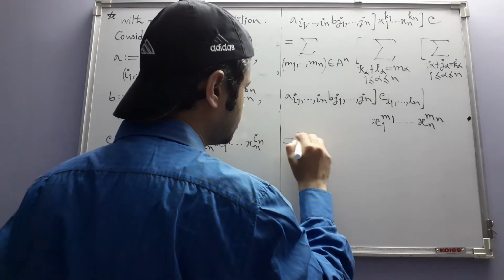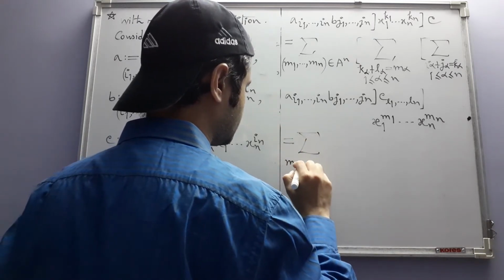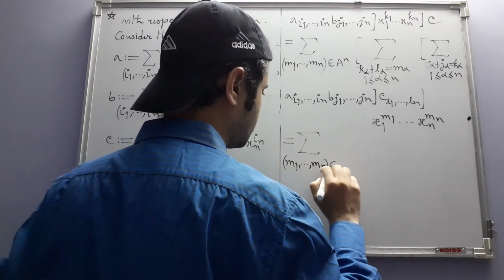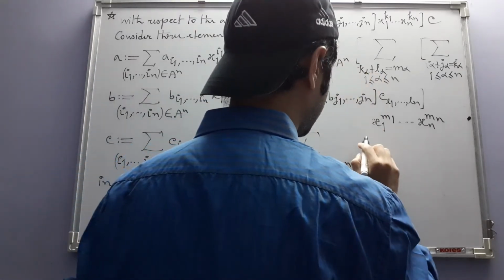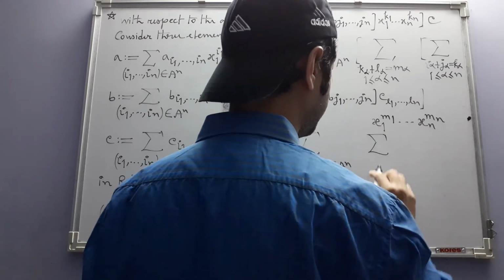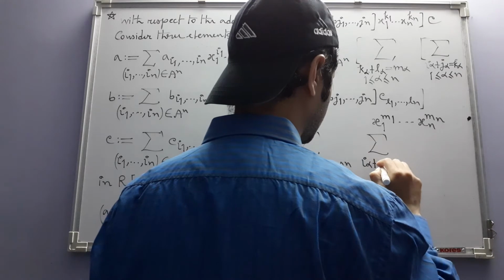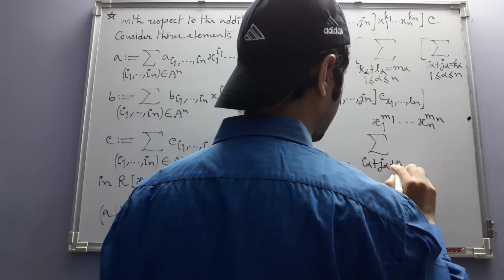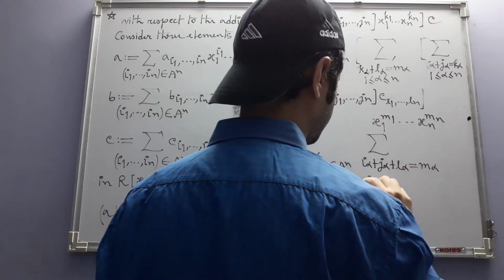So this is equal to an. Now we will write summation I alpha plus j alpha plus L alpha equal to m alpha.